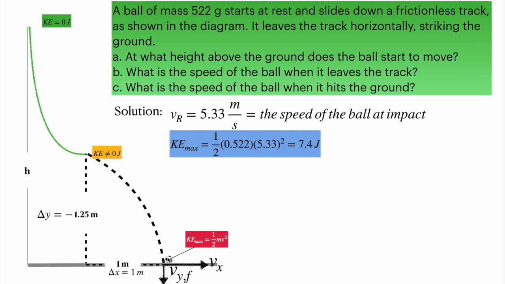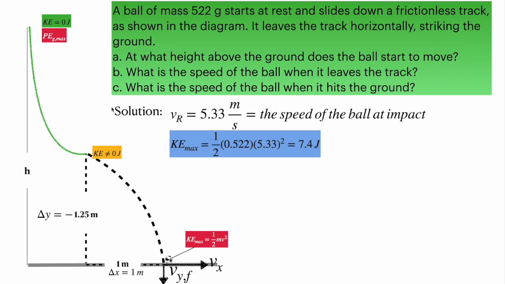That's going to be half m v squared. And we know the speed squared, so it's going to be 7.4 joules. This is kinetic energy maximum. And right here, potential energy is 0.